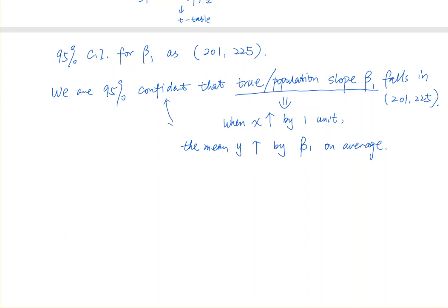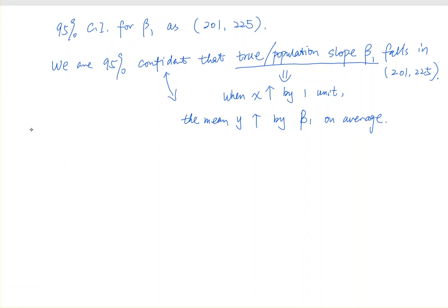So now we change to population slope beta 1, and now we need to combine the confidence interval interpretation and the interpretation of beta 1 together to get the final interpretation of the confidence interval of beta 1.